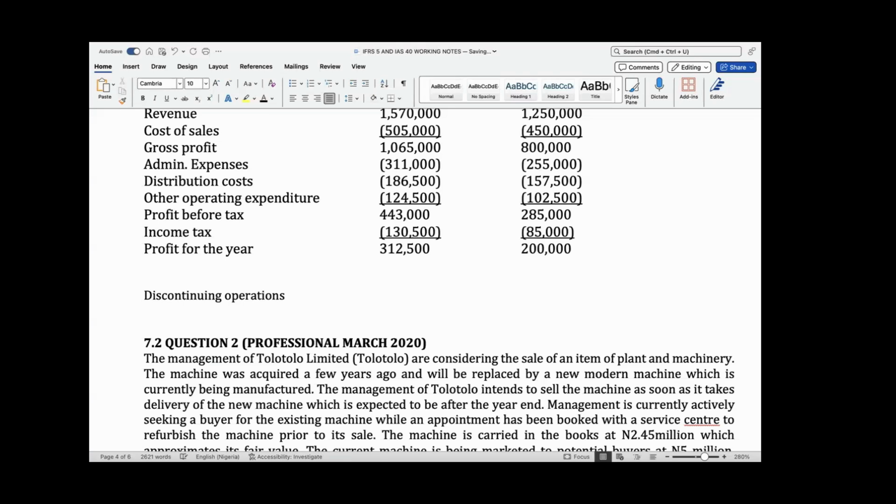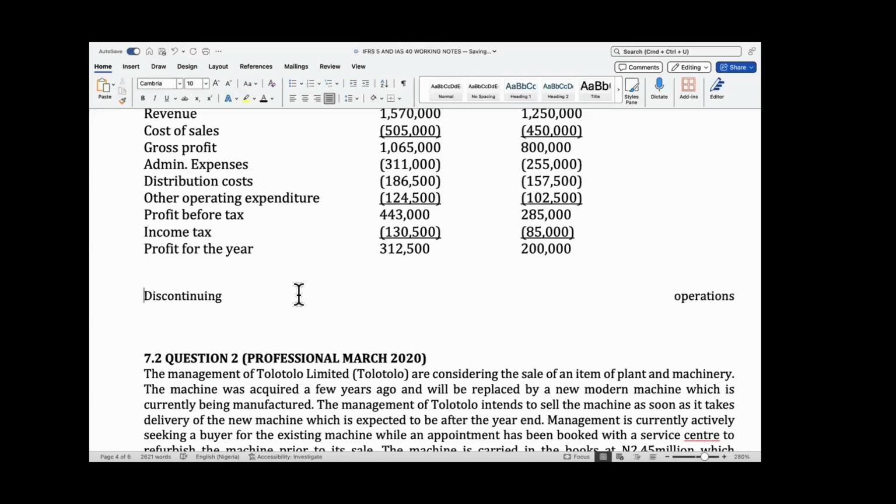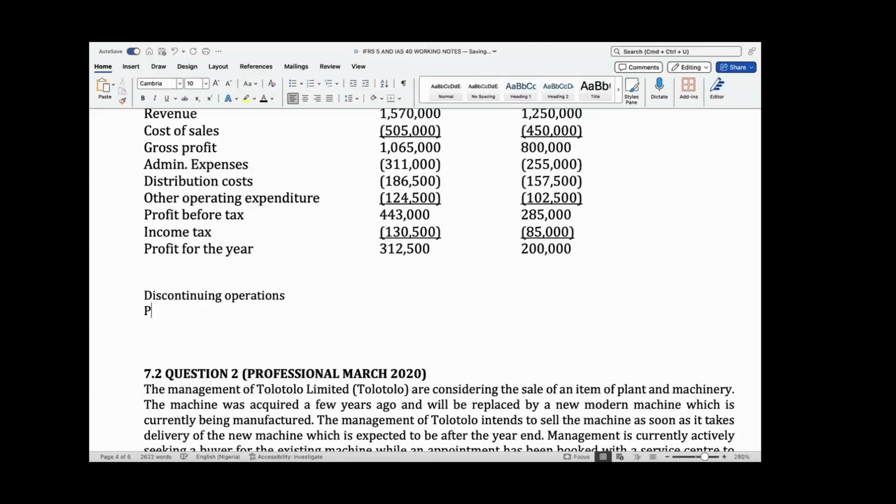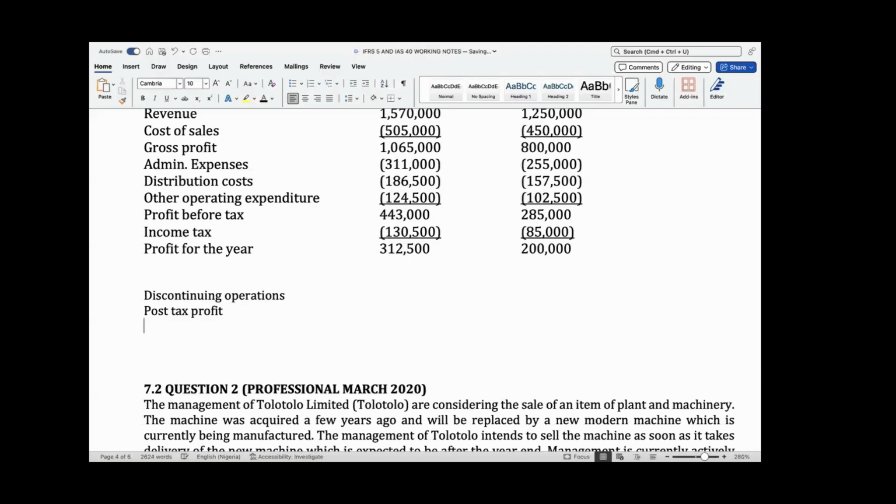Now, for the discontinued operations, you can just have the post-tax profits from discontinued operations. I don't have to write that.